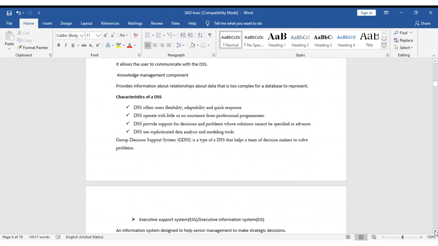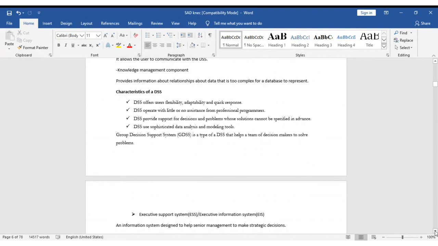We have group decision support systems. It is a type of DSS that helps a team of decision makers to solve problems.